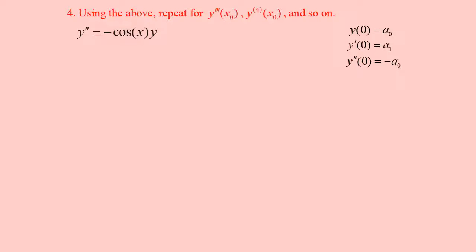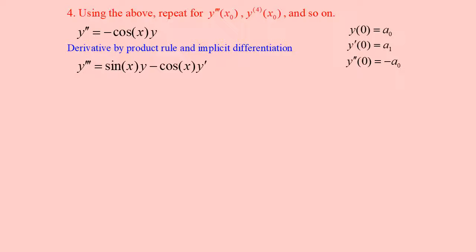So to do the third derivative, we will take the second derivative and do the derivative of that. Then we will make the substitutions. Now again, we're expanding about 0. So all the x's we will substitute as 0. In place of the y, that's what we decided in the beginning, we'll use an a0.